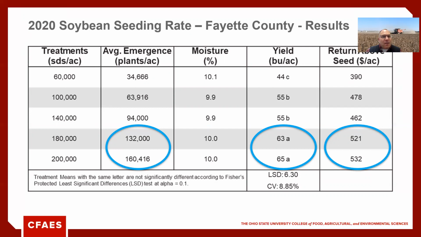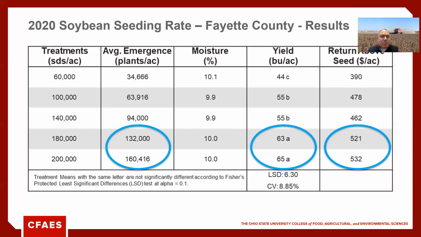So the results came out, even though we were dry, even though things started out a little rough due to the extra working of the field and things like that. I still think we had results that were very comparable to other parts of the state. And this is something that you yourself will have to look at when you are evaluating seeding rates for your own farm.